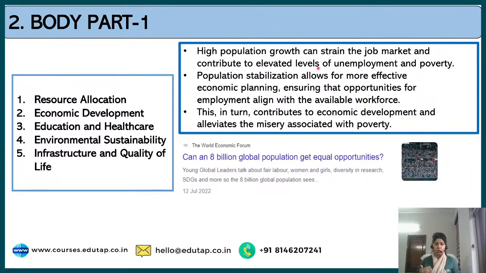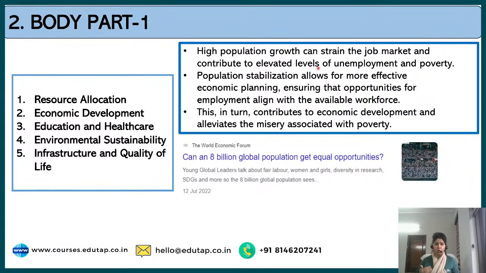Though development is happening, unemployment is at an all-time high. So population stabilization allows for more effective economic planning, ensuring that opportunities for employment align with the available workforce, which is currently a problem in India, the workforce itself, because of lack of skills, and on the other hand, adequate jobs or employment opportunities are not available.